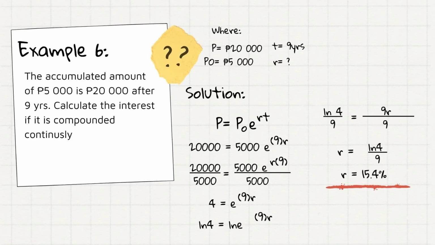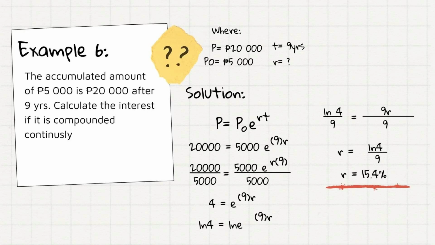Next, we will divide both sides by the PO, which is the 5,000. 20,000 divided by 5,000 is equal to 4. And it will be crossed out on the other side because they are the same. And what remains is e raised to 9R.